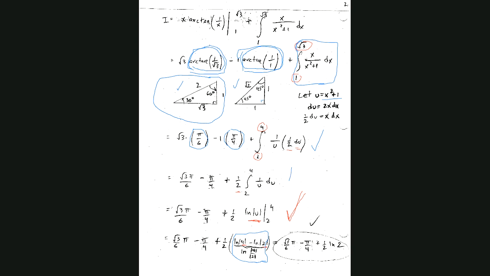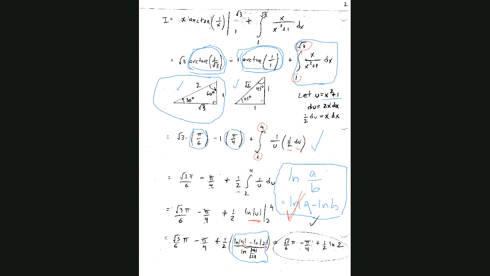Well, if you have the log of A over B, where A and B are positive, of course, do you recall that that equals the log of A minus the log of B? How many recall that as one of their log rules?